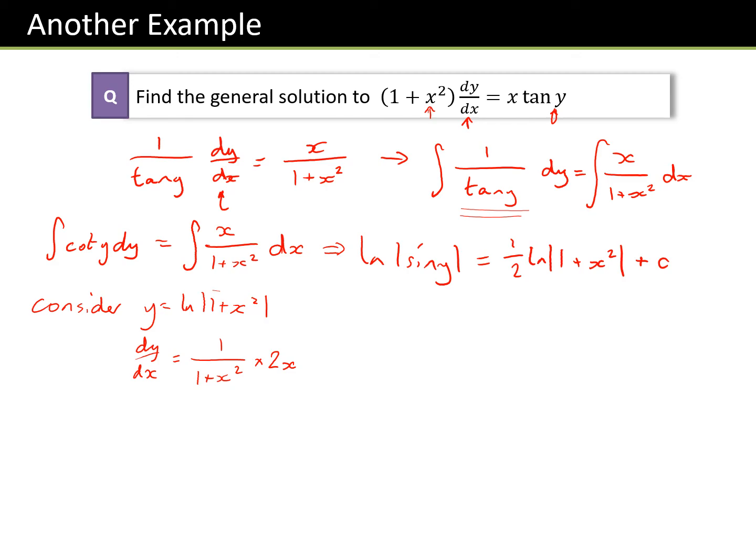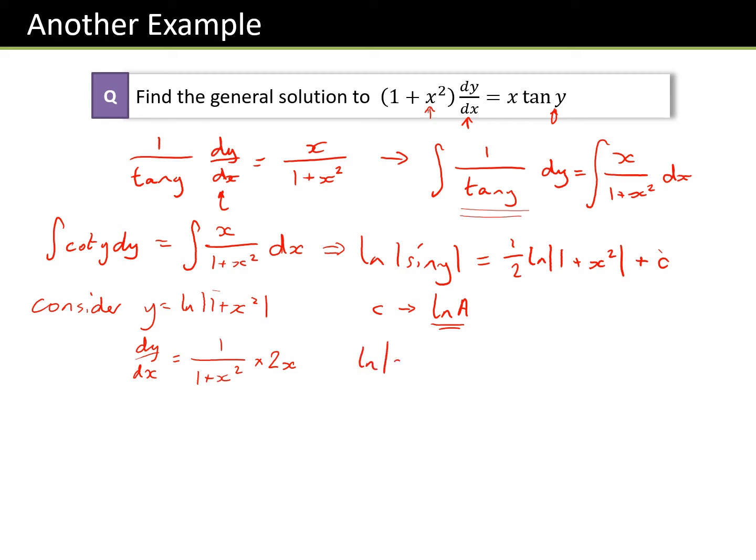Now, when you're doing these sort of questions, you need to start thinking about your constants a little bit more than usual. Here, I've written a c. However, what might be nicer is if we used a constant natural log of a. Okay? So instead of c, I'm going to use natural log of a.